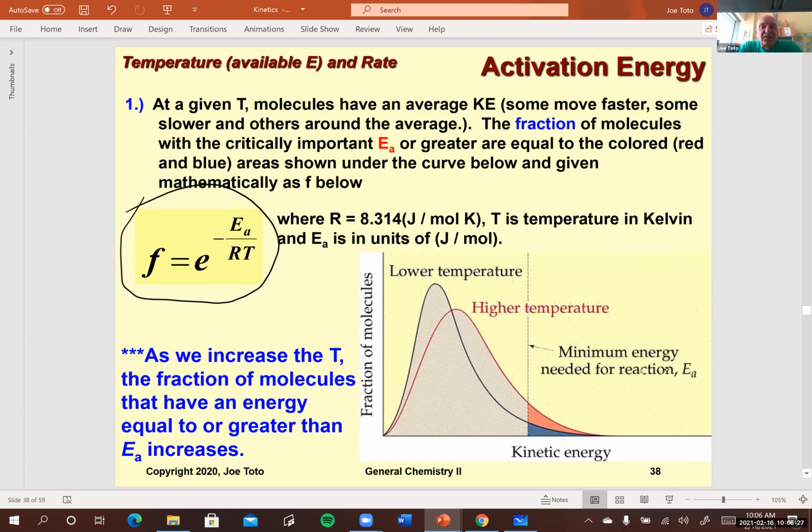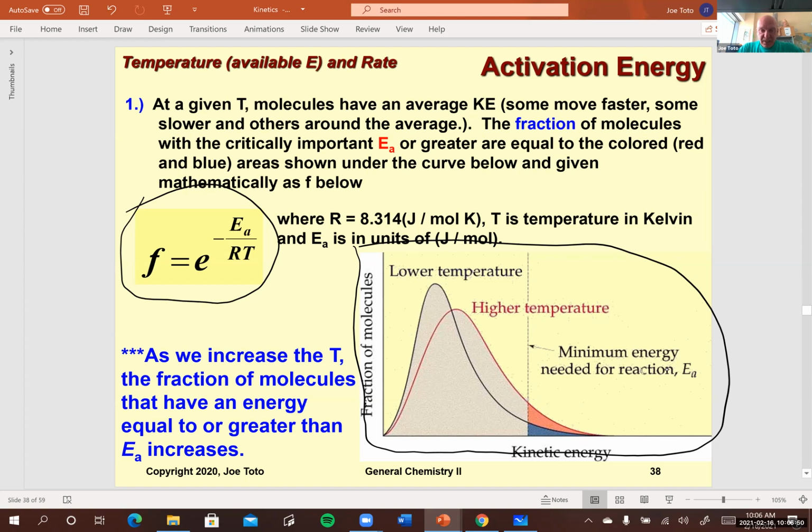Boltzmann set out this distribution, and it makes kind of a nice picture if you just look at this plot down here. And this is two different plots overlaid, one at a lower temperature and one at a higher temperature, but it represents a collection of, let's say, molecules.